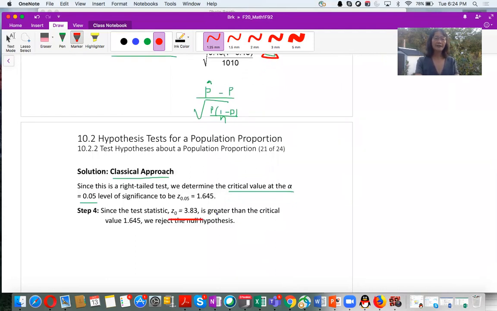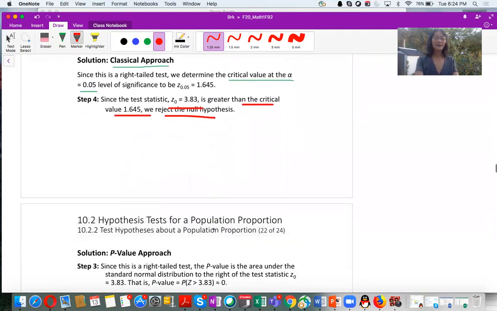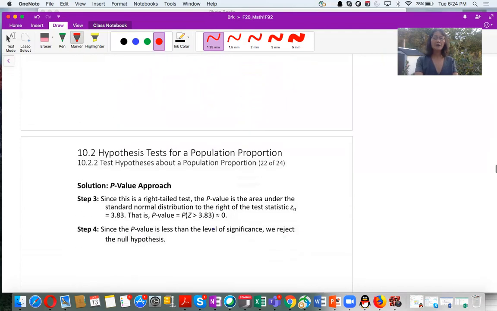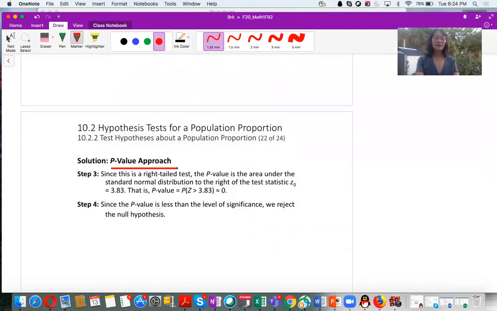Because the test statistic is greater than the critical value, you reject the null hypothesis. So this is the classical approach. When you use the p-value approach, you need to calculate the p-value. Remember, the p-value is the area corresponding to the test statistic.